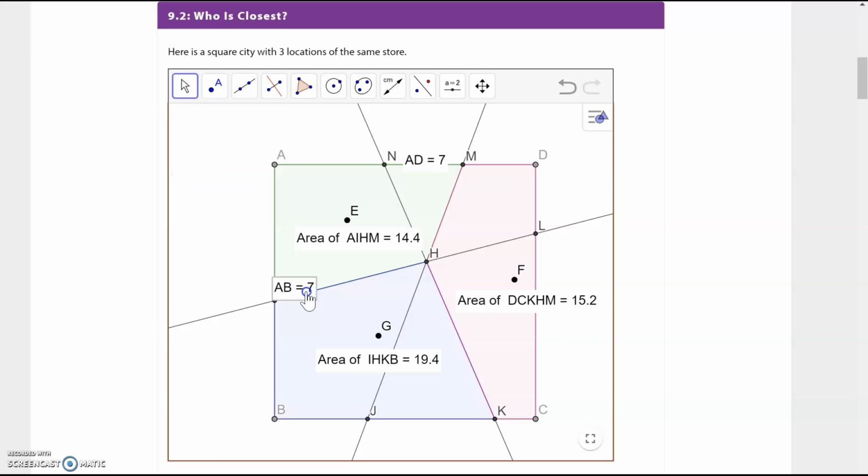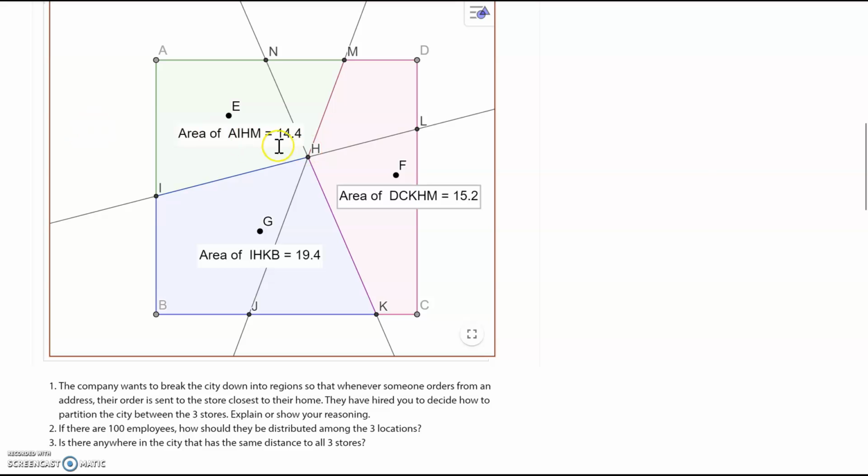So the length of each side is 7. The area of this square then is 7 times 7, or 49. So the area is equal to 7 squared, or 49, is the total area.